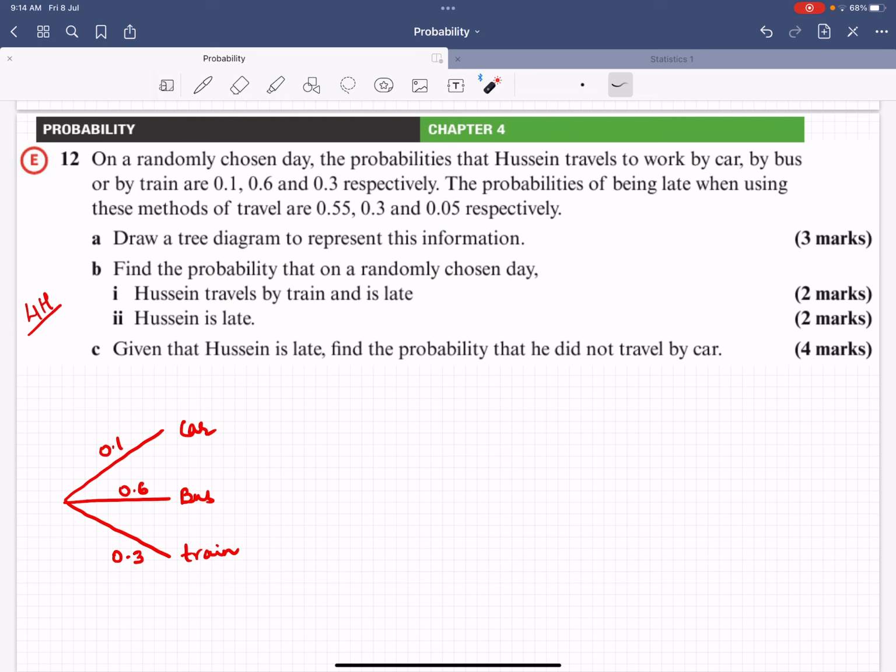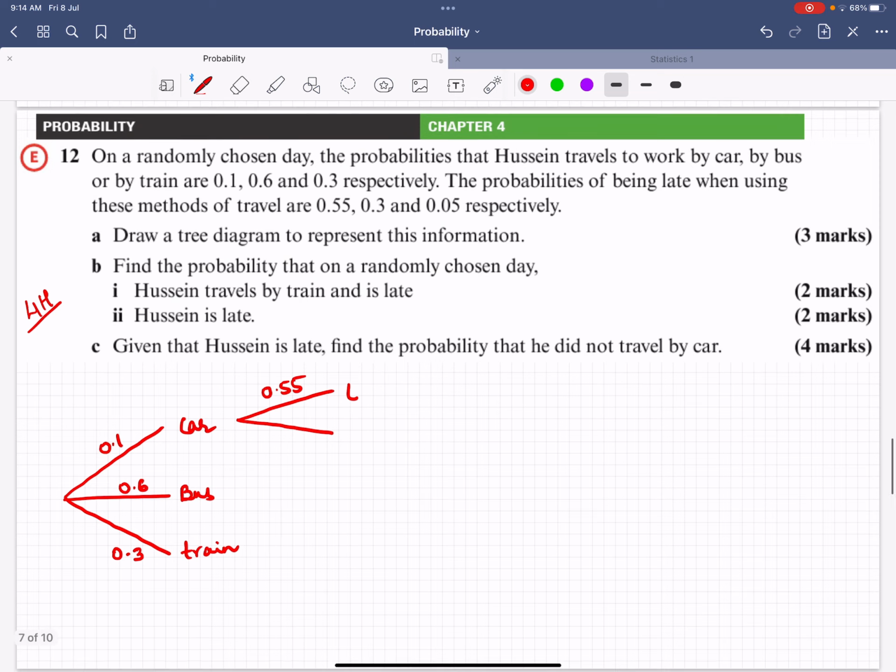Then next is the probabilities of his being late. If he uses a car, the probability of his being late is 0.55. Therefore, the probability of not being late is 1 minus 0.55, which is 0.45.